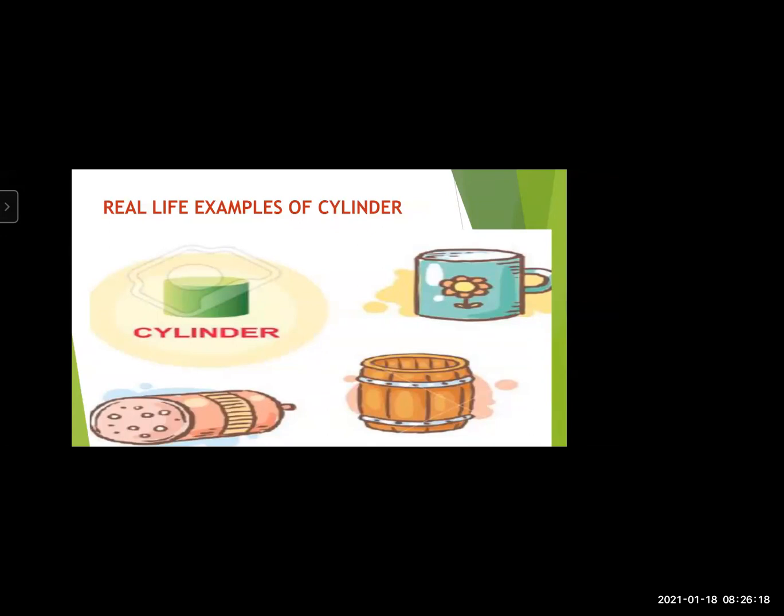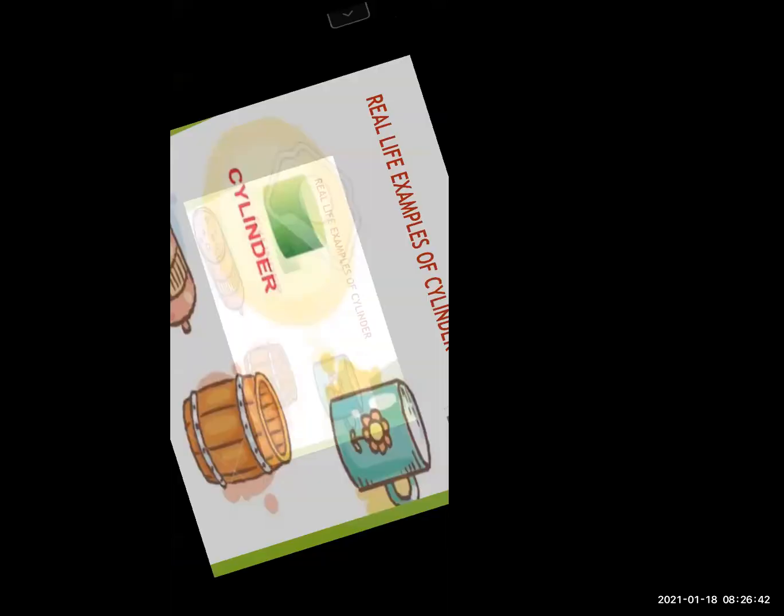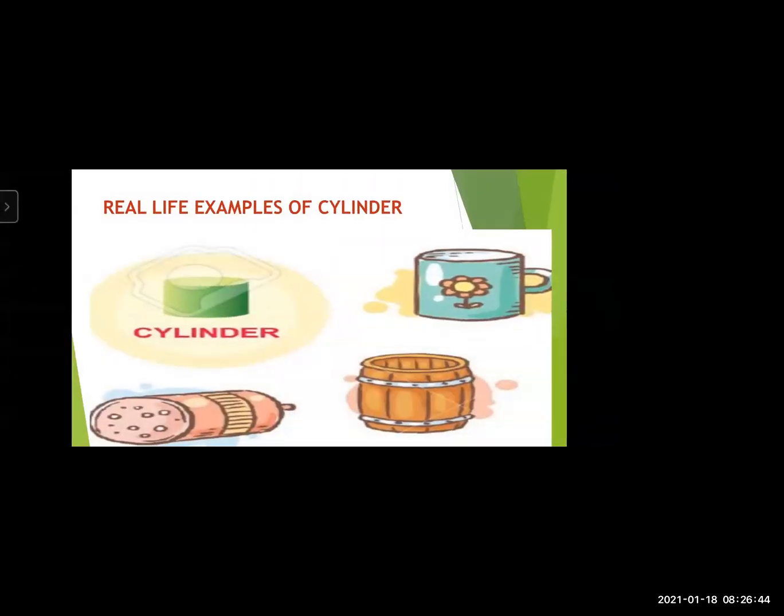Test tubes, the ones which we use in labs, beakers, and also we have seen this gas cylinder, and also the fire extinguisher. The fire extinguisher is also of cylinder shape. So these are the objects that we see in our surrounding. They are of cylinder shape. You have to find out more and more objects that look like cylinder.